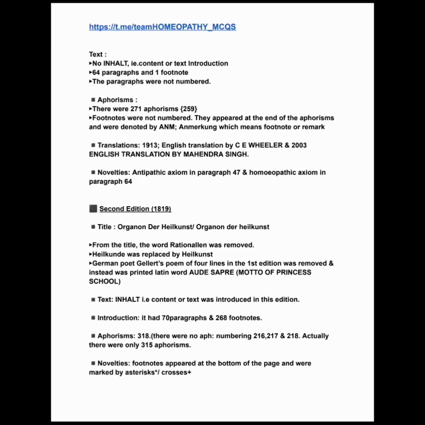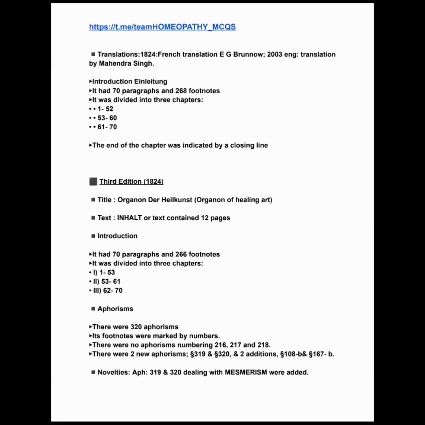What about the novelties? Footnotes appeared at the bottom of the page and were marked by asterisks and crosses, star marks and cross marks. So these are the novelties of the second edition of Organon. Now we will discuss the translations.